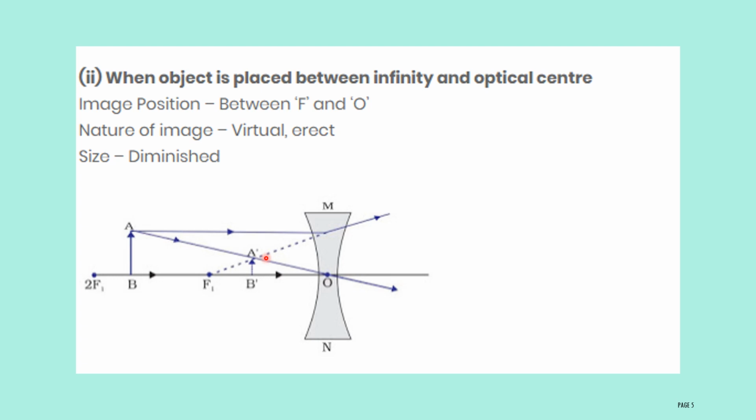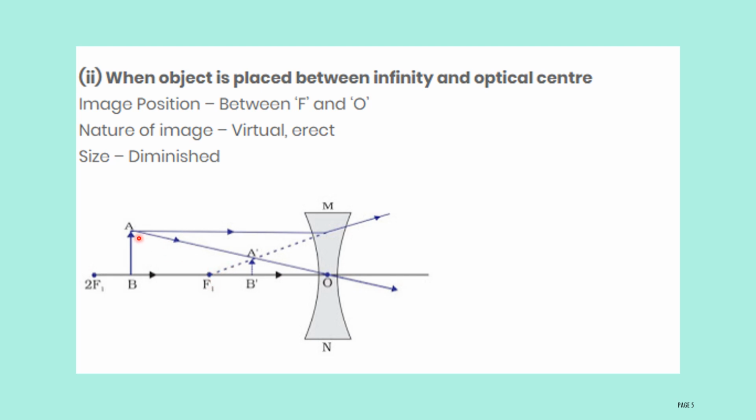Let us discuss. If you keep an object between infinity and O, this is the position of the object. Here also consider two rays. One ray is parallel to the principal axis. After hitting the surface, it will diverge. After extending backward, it will meet at a single point F1.